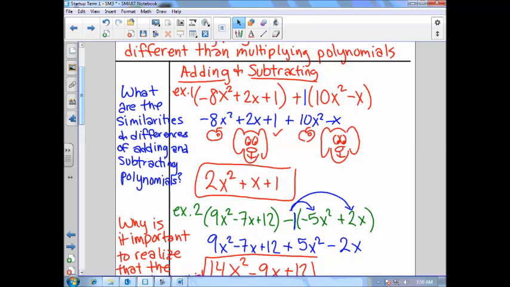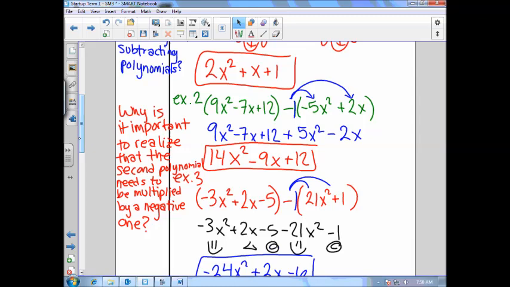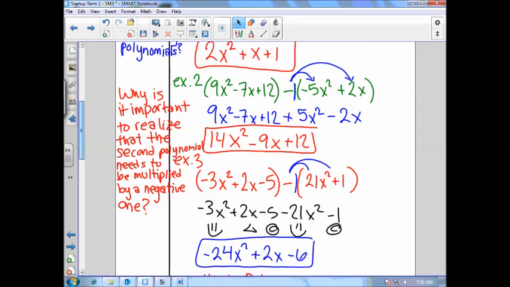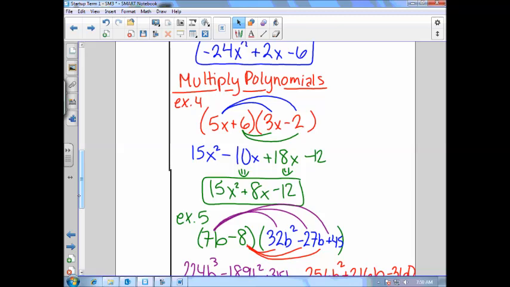We just add like terms, okay? In subtracting, what do we do? First, we have to distribute a -1 into the second polynomial, and then add like terms. So there's a distribution, then we add like terms. And then multiplying polynomials, do we just add like terms?